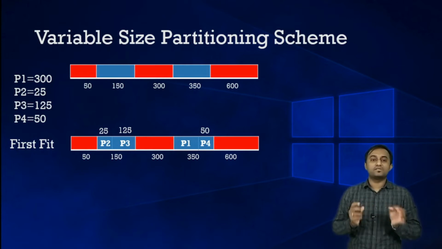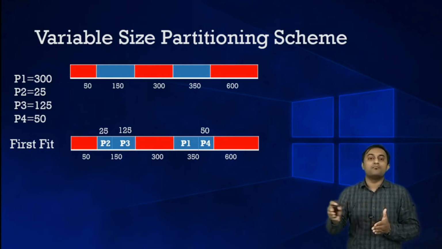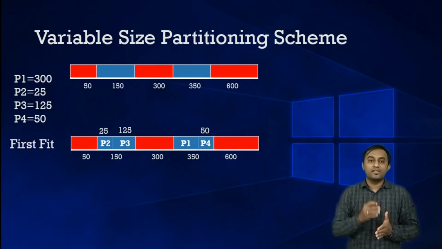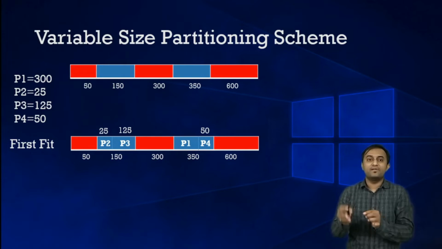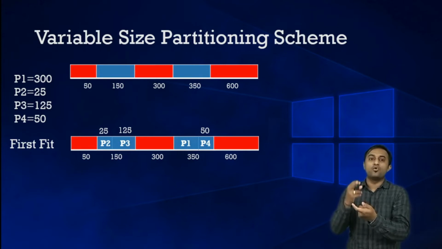So how does first fit work? It will not scan all the available blocks in the memory. Rather, it will simply start searching from the initial position, look at the first available block, and check whether it can hold the requested process.